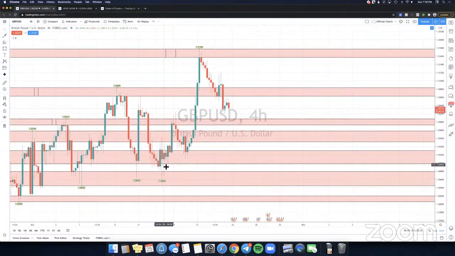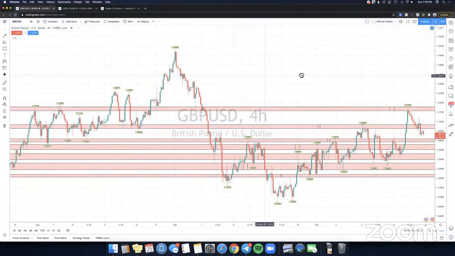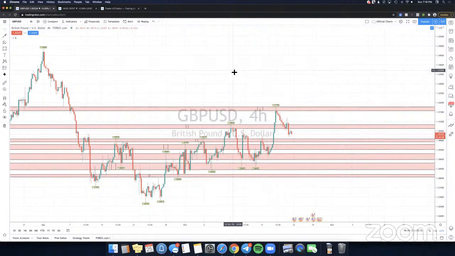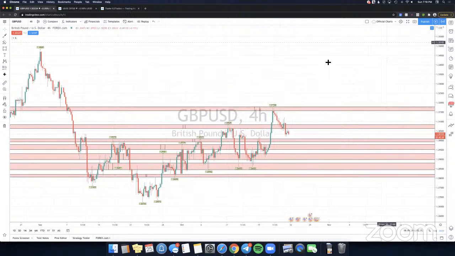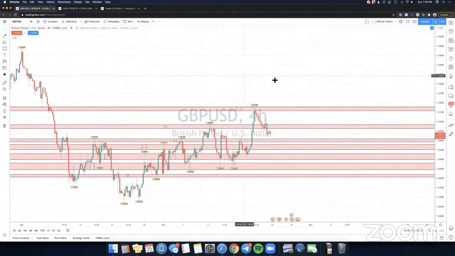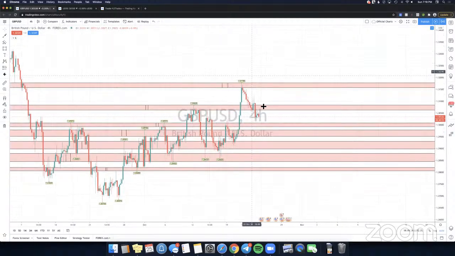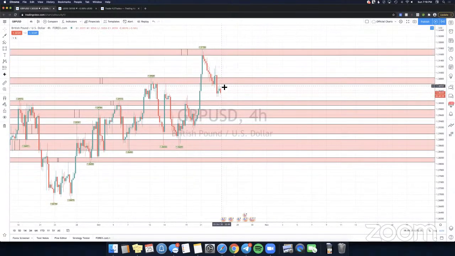I'm going to go ahead and zoom out. So price is between these two zones right here. This upper zone is going to be 1.30627, and this lower zone down here is going to be 1.30072.